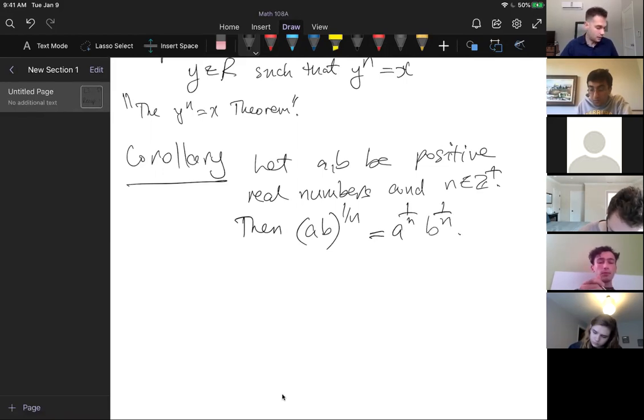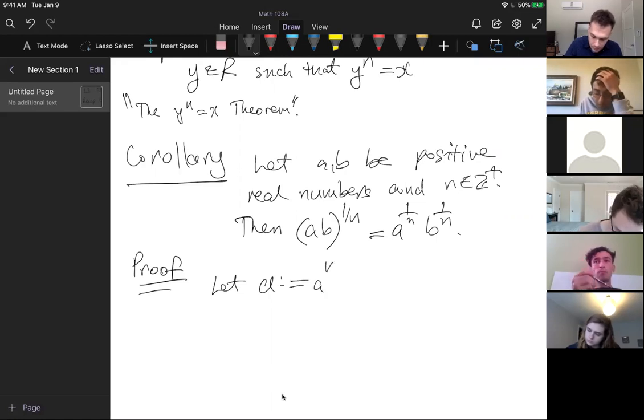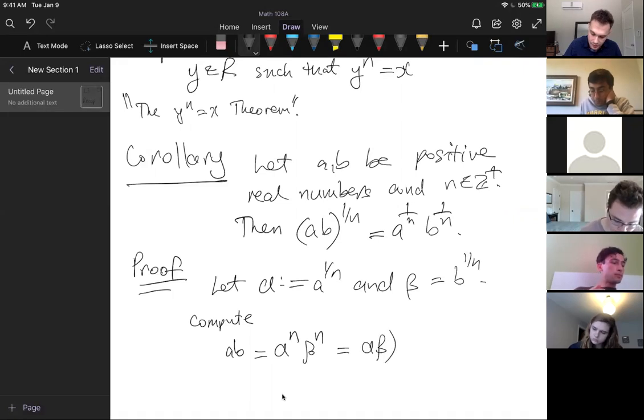And so how do you do this? You let alpha be one of them and beta be the other. Then I compute their product, ab, which is equal to alpha to the n times beta to the n, and this is the same as alpha beta to the n.